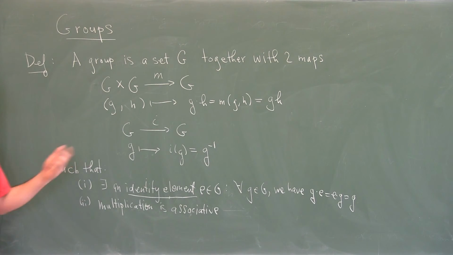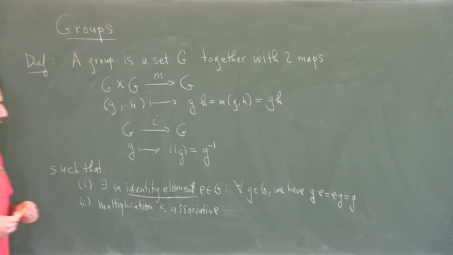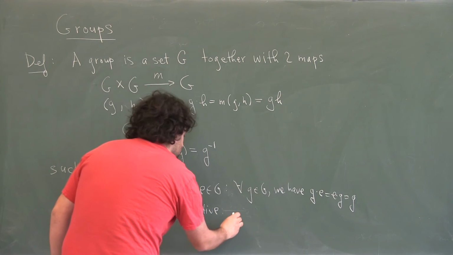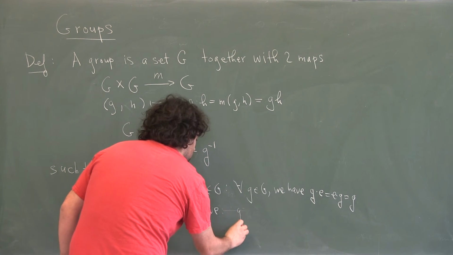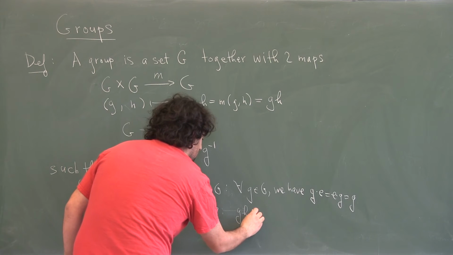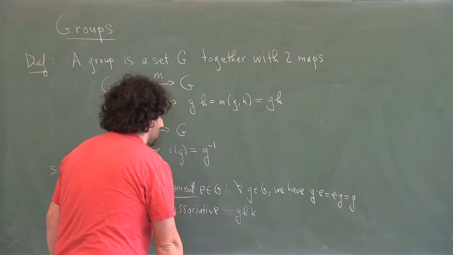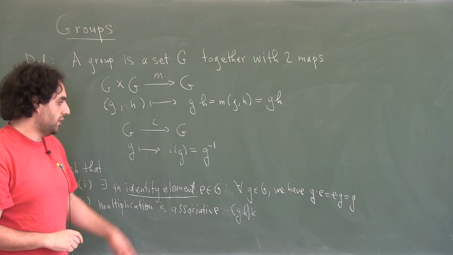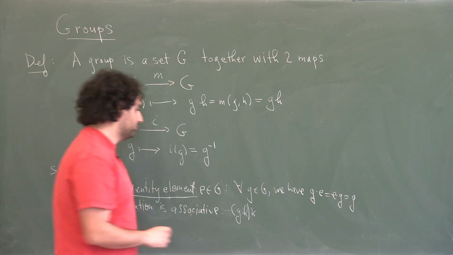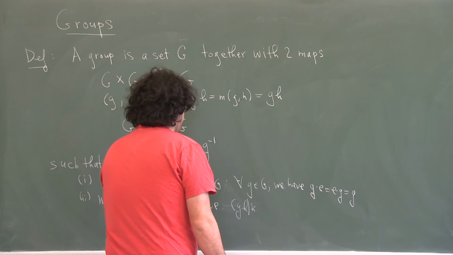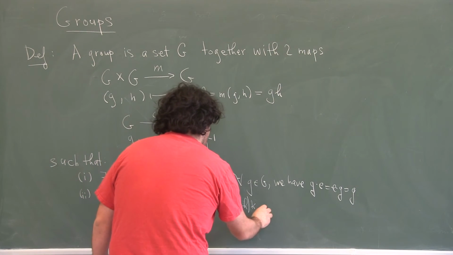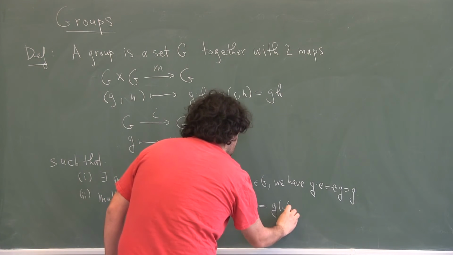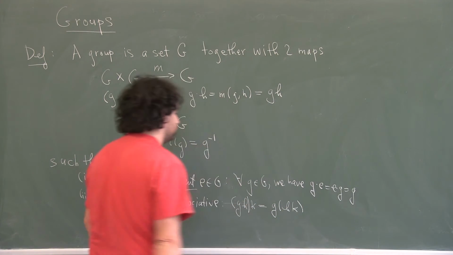This means that if you multiply more than two elements, it doesn't matter where you put the parentheses. If I have G, H, and K, then I can multiply G times H, and then multiply that by K, or I can put the parentheses the other way.